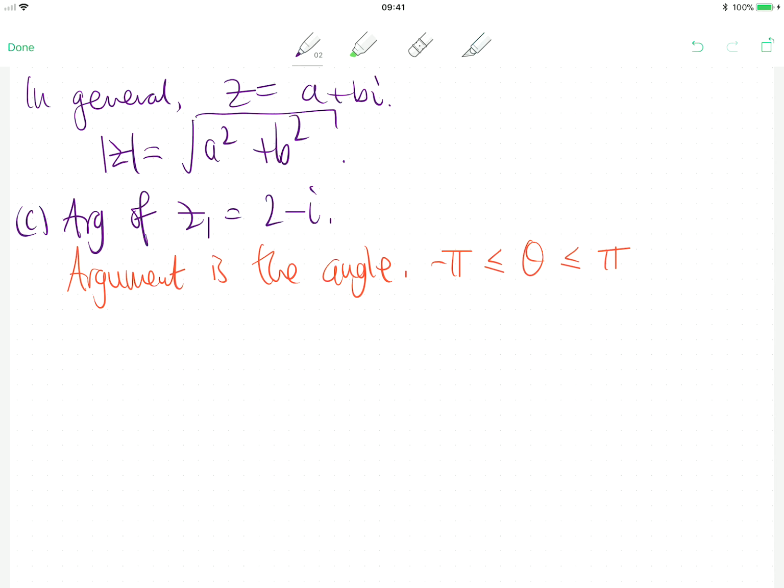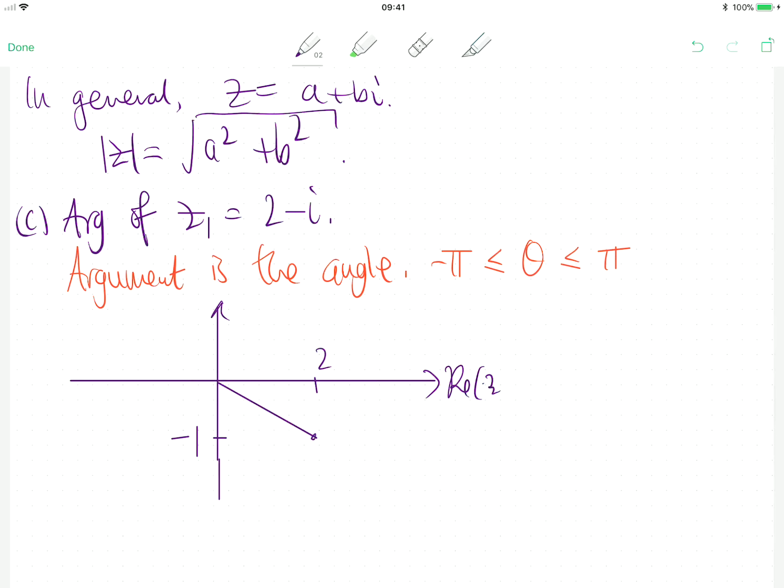Okay, so let's jump into our example. Our point is 2 minus i. So here, this is our real axis, our imaginary axis. So where's the angle?